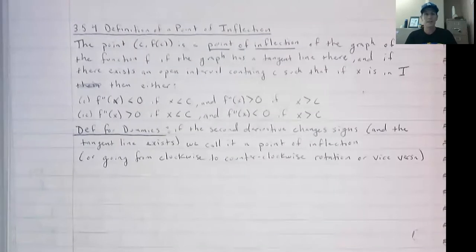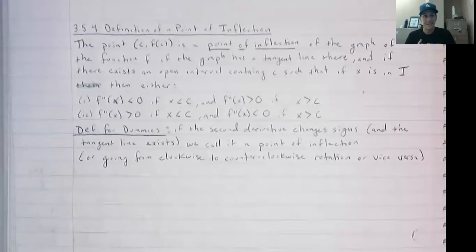And what this theorem says is that if it is differentiable to the second derivative, the point of inflection is going to correspond to a point where the second derivative is 0. It's not saying that everywhere you have a second derivative that is 0, you have a point of inflection. We will see examples of why that would not be the case.